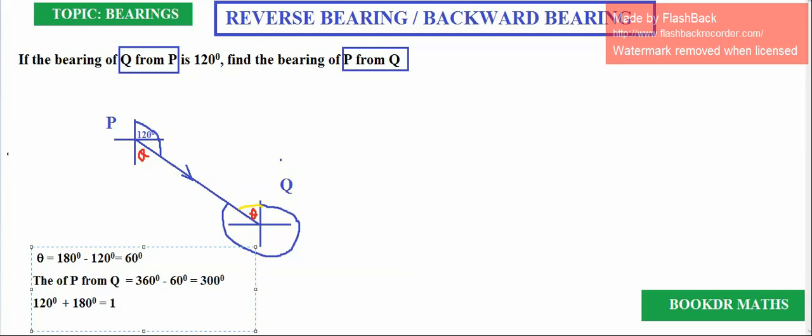If we add 120 to 180, the value is 300 degrees. We'll come back to this, but at this point I just want you to look at something. We could have added 180 degrees straight away to get 300.